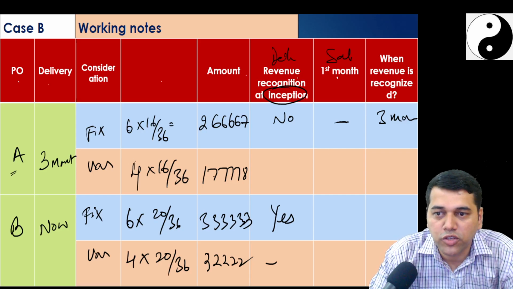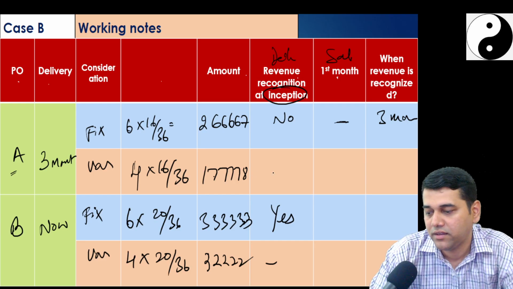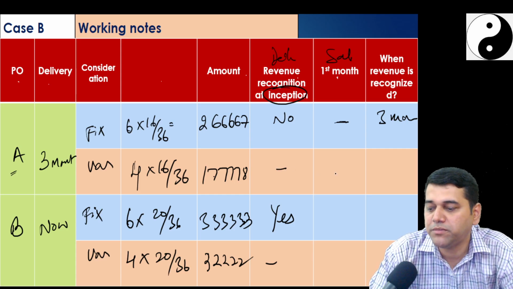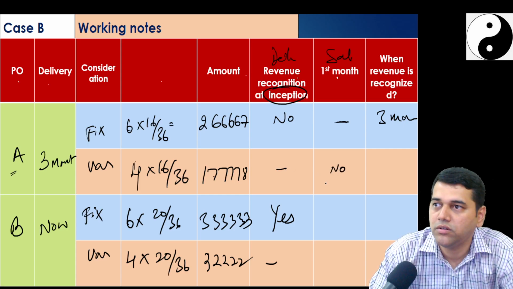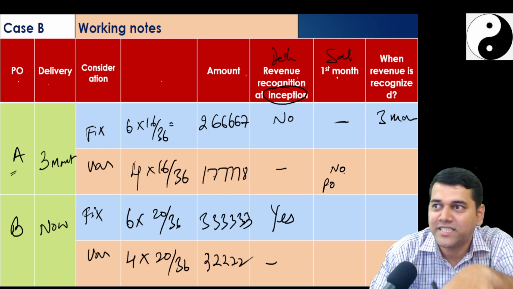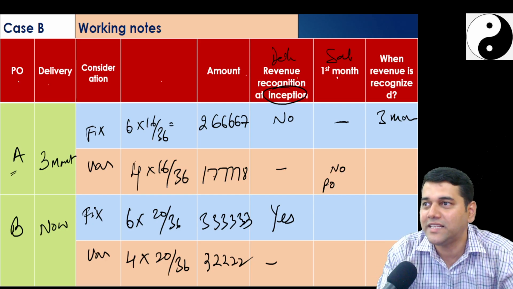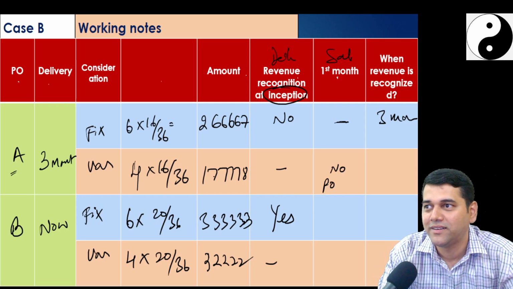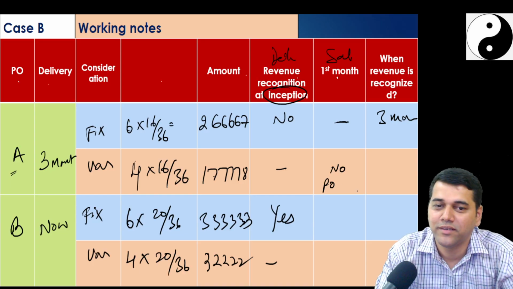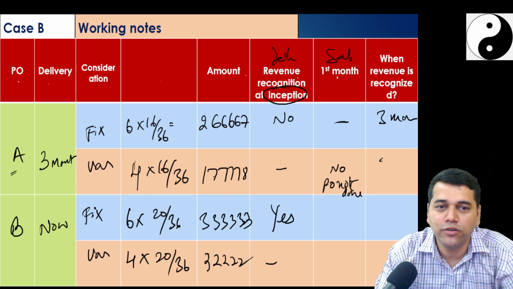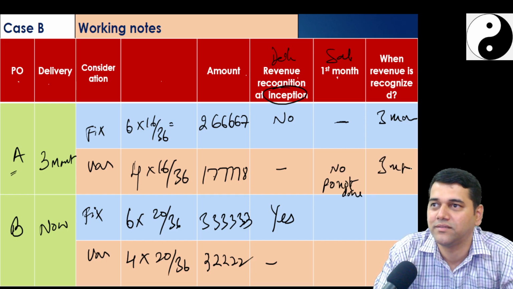Now let us talk about the variable consideration for A. On inception, definitely not. First month? No, PO is not satisfied. Sales is done, but PO is not satisfied. On the third month, sale was done in the first month and PO is done at the end of the third month. So when will you do it?